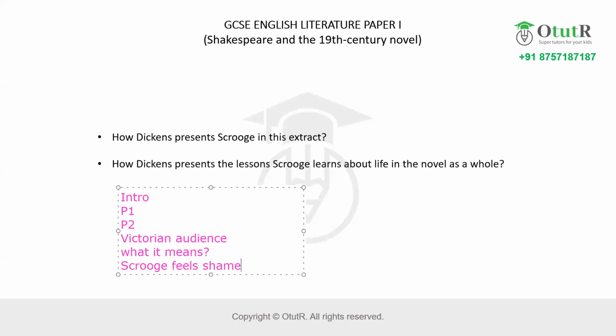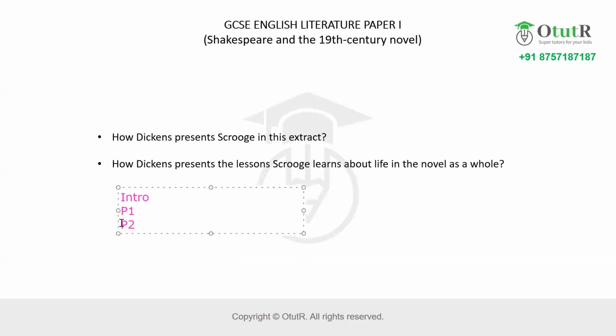So, by making Scrooge feel shame, Dickens urges the middle class readers to rethink and examine their attitudes towards the poor. So, Scrooge's discomfort shows the beginning of his moral awakening, is how you can conclude that. Paragraph 3.